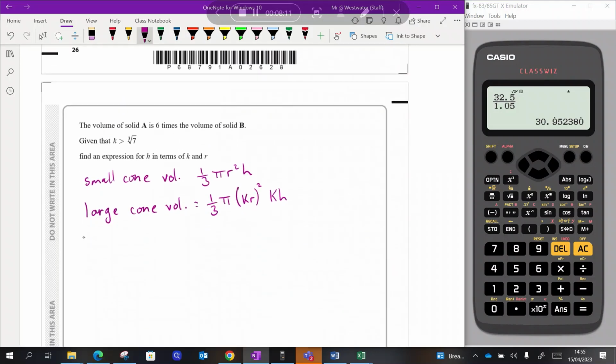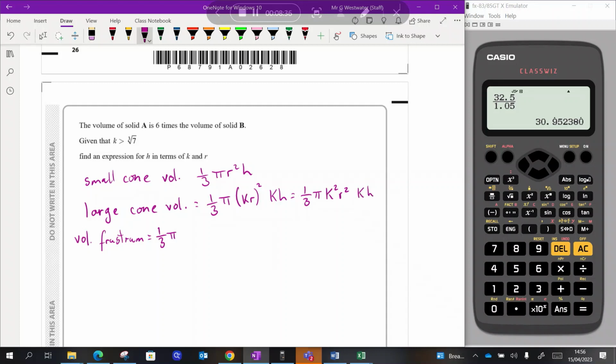And the volume of the frustum, therefore, is going to equal this, so 1/3 pi, and I'm just going to expand this now. So 1/3 pi k squared r squared times kh.